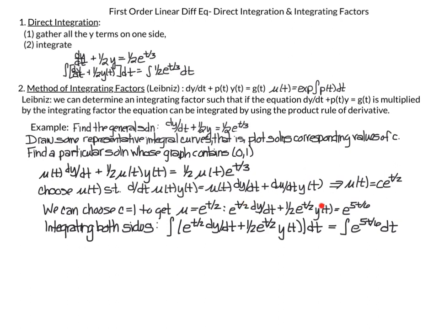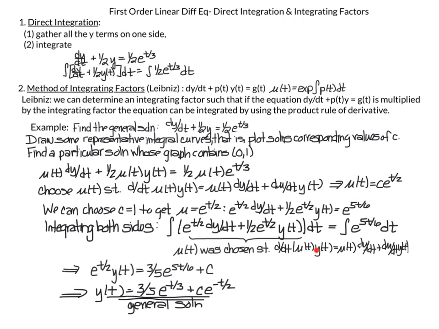And so now I can integrate both sides of this equation, and I get the integral of e to the t over 2 dy/dt plus 1/2 e to the t over 2 y of t, integrating with respect to t, is equal to e to the 5t over 6, integrating with respect to t.